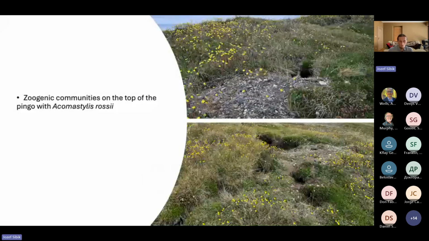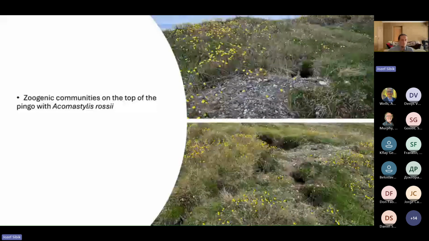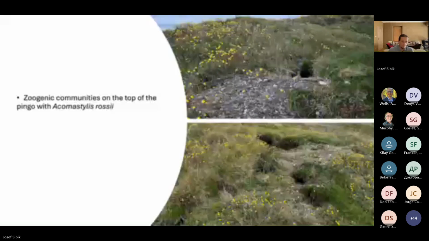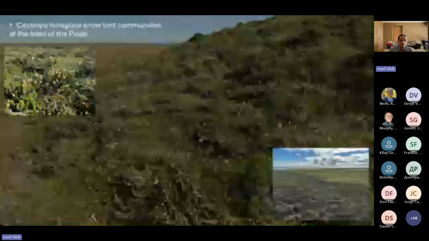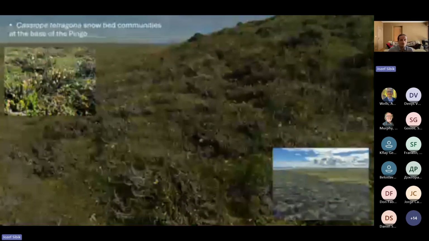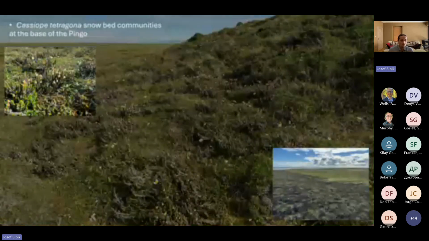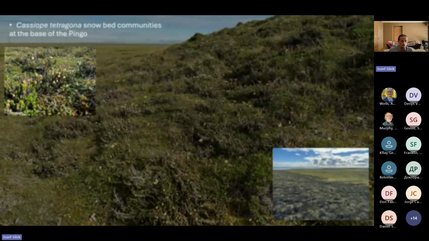At the top of a pingo, very commonly, there are zoogenic communities dominated by Acomastylis rossii or Geum rossii with zoogenic activity. And at the bottom part, the base of a pingo, there are a couple of snowbed communities, very often dominated by Cassiope tetragona.